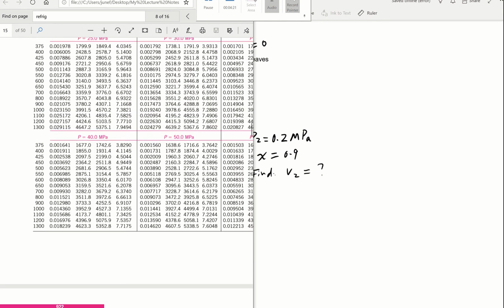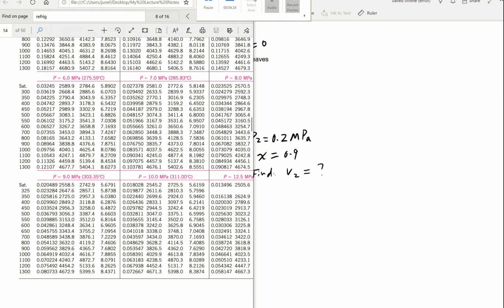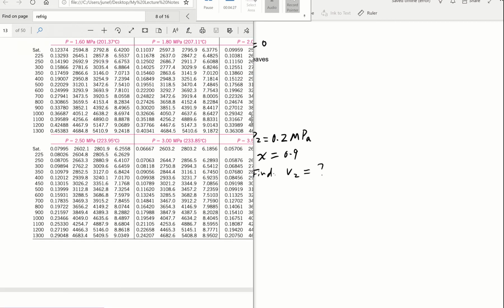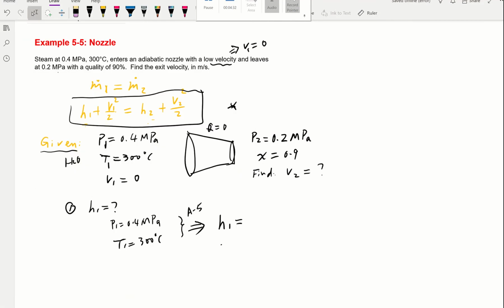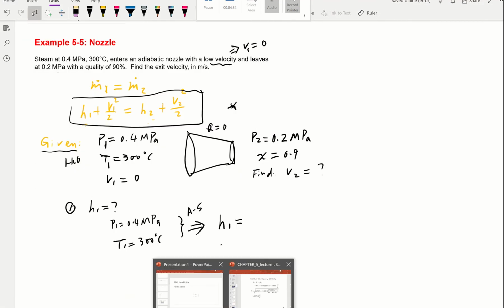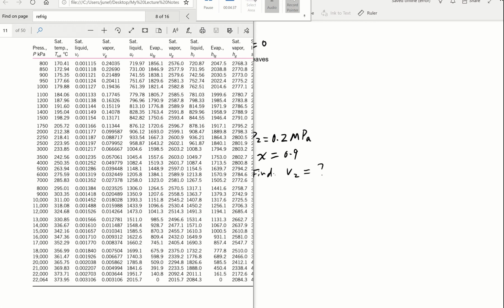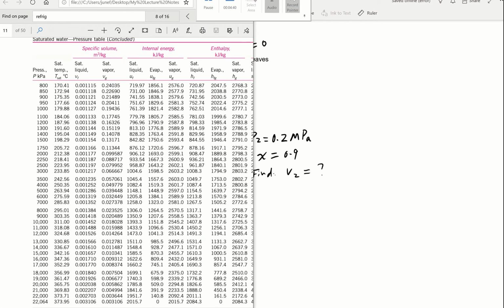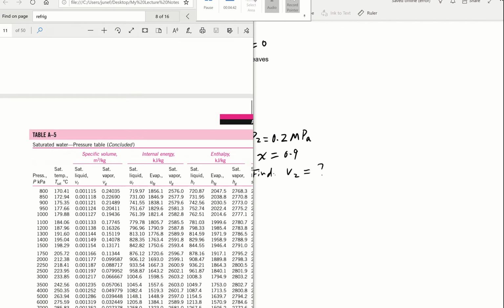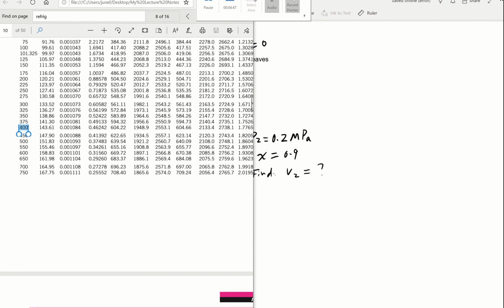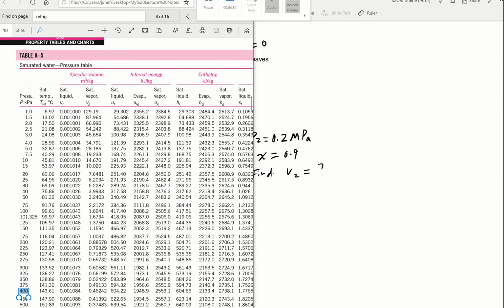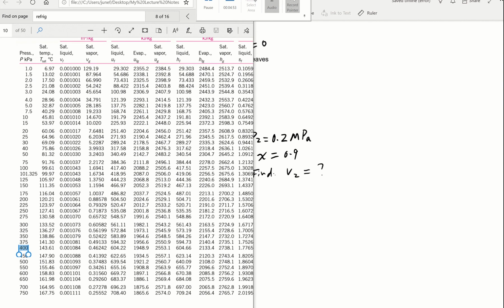So table A5, this is 0.4 and 300. 0.4 is mega, so that means 400 kilopascal. So let's go to 400 kilopascal, which is right here, right? 400 kilopascal, this is table A5. And what is the saturated temperature? It is 143.61.